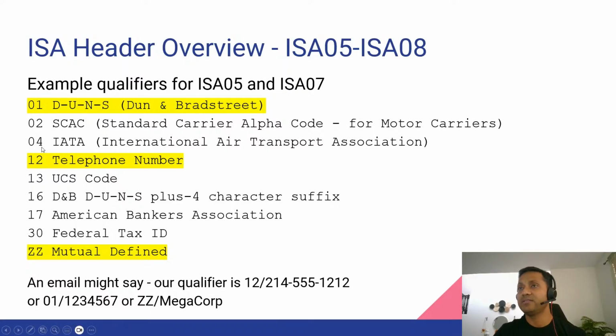If it is 12, just to give an example, it's a telephone number. So typically, this is how qualifiers and IDs work together, like in a conversation or email: someone might say 12, which is phone number, followed by the number itself. Or 01, which means the next number is the sender's Dun and Bradstreet number itself.